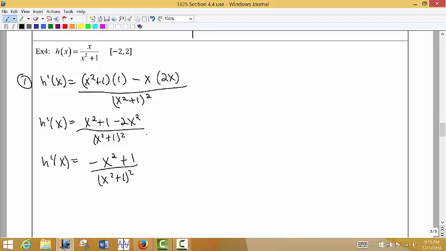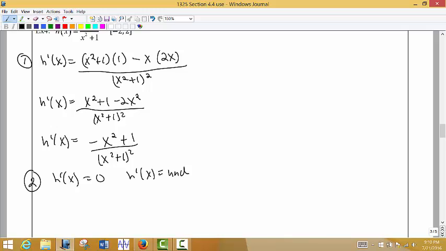So remember, we're doing two things. We're going to set the first derivative equal to 0, and we're going to look for where that first derivative is undefined. All right. So let's do the first part here. Let's take that first derivative and set it equal to 0.